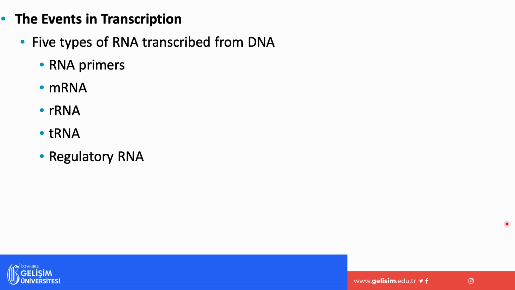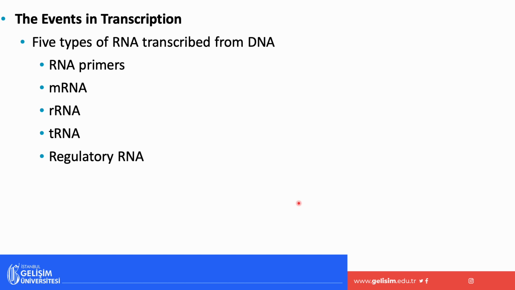Then we have the regulatory RNA. All right. Regulatory RNA includes a diverse group of RNA molecules that regulate gene expression at the transcriptional or the post-transcriptional level. So examples include microRNAs, small interfering RNAs, as well as riboswitches.